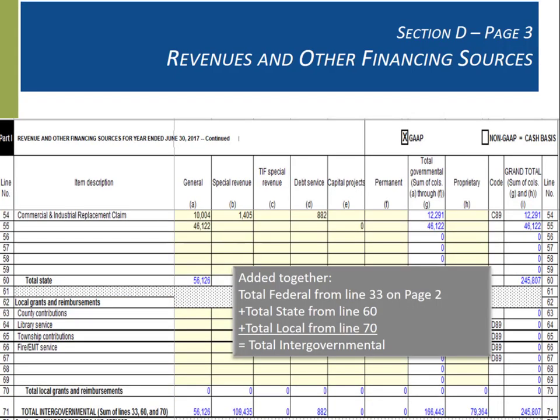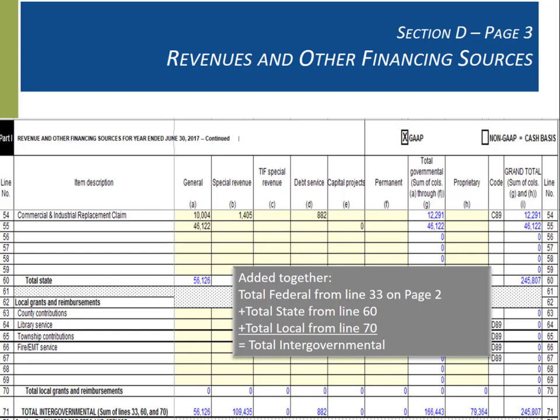Moving on to local governments and reimbursements, you can see that there may be contributions made from the county, perhaps for library services or for a service that your city is providing that the county isn't having to. You may also be receiving money for library service or potentially from your township, or you may also have revenue coming in for fire and EMT service.